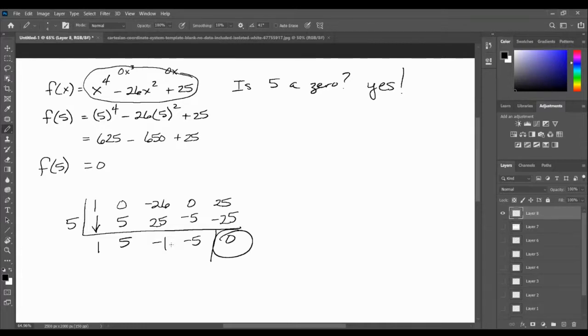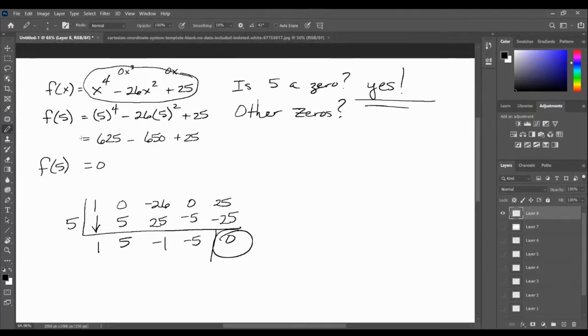What are the benefits? Why would I do synthetic division instead of just plugging it in? Plugging it in gives me that answer. What if they added this question: what are the other zeros?